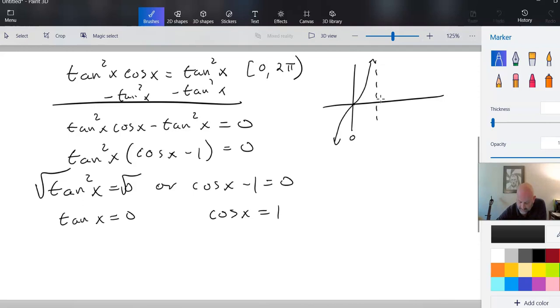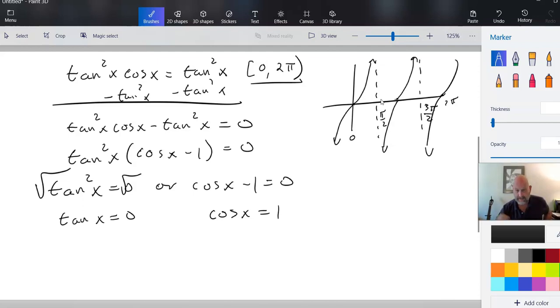Then it comes over here to pi over 2, but at 3 pi over 2 it does the same thing. I have another 0 over here, and then the next one happens at 2 pi, because tangent repeats itself.